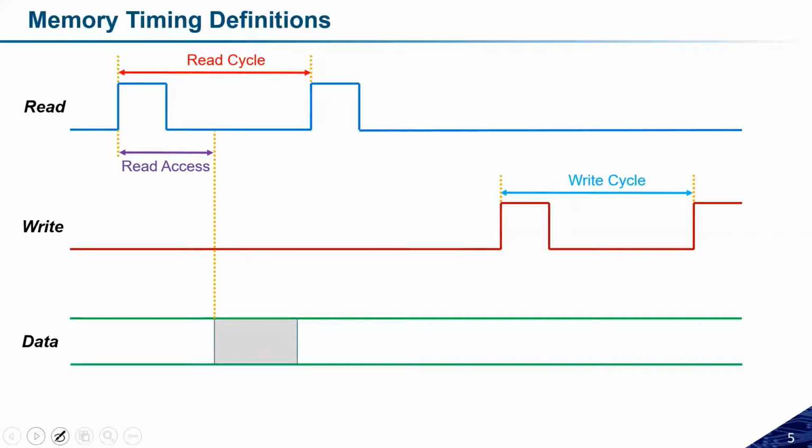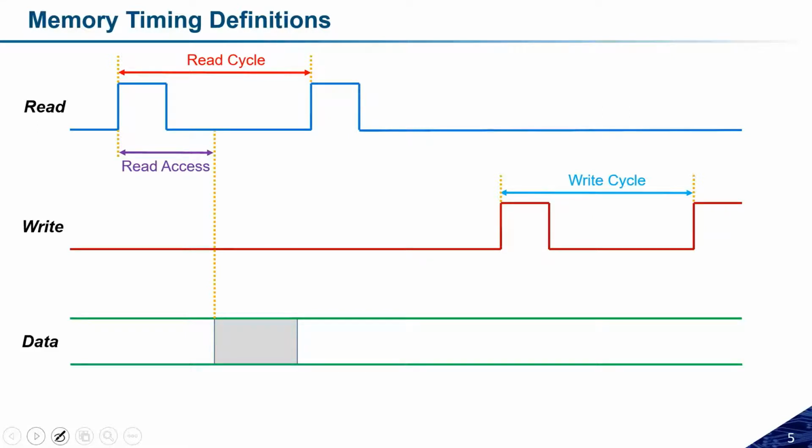So the read access time is the time it takes to read from the memory, equal to the delay between the read request and the moment the data is available at the output.